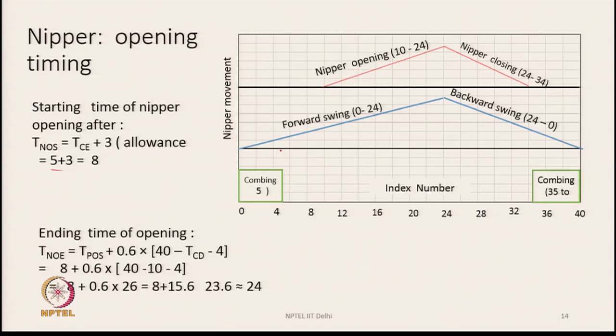So, index number 5 is somewhere here. We can start the process of opening; we leave a little bit of time. Theoretically, we can start right after 5, but we keep certain time, and instead of 5, we start at around 8, which is somewhere here.